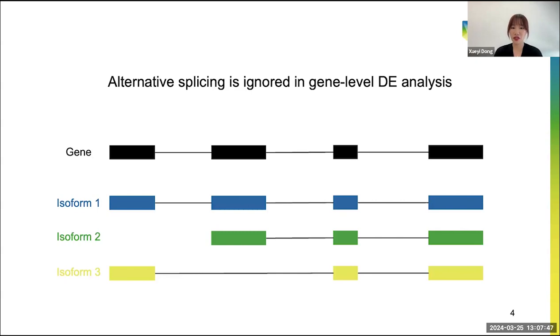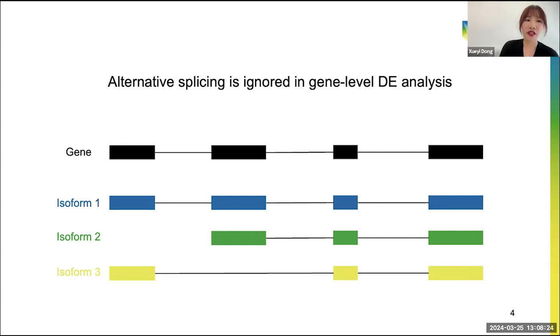If we are doing a gene level study, then all of our analysis is based on the genes. However, there's a molecular mechanism called alternative splicing: for genes containing more than one exon, some of the exons are not always expressed and used in the transcripts that are actually transcribed, so that one gene can form multiple transcript isoforms.